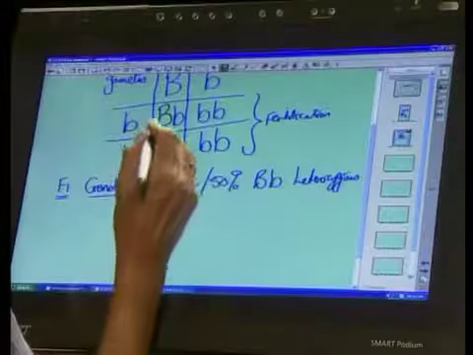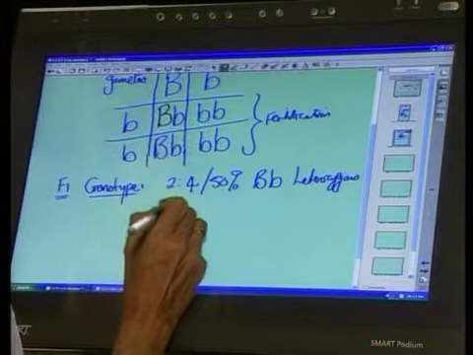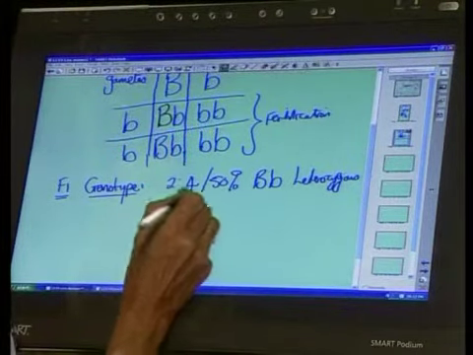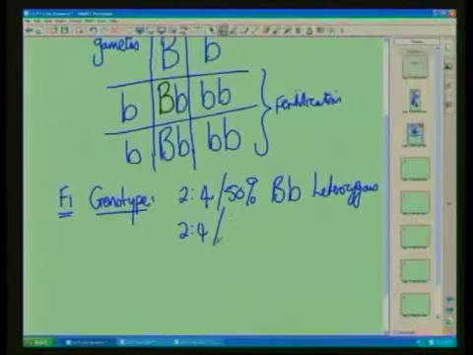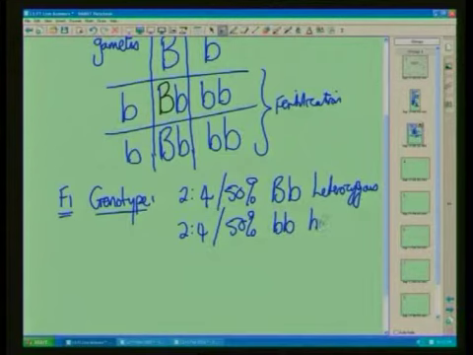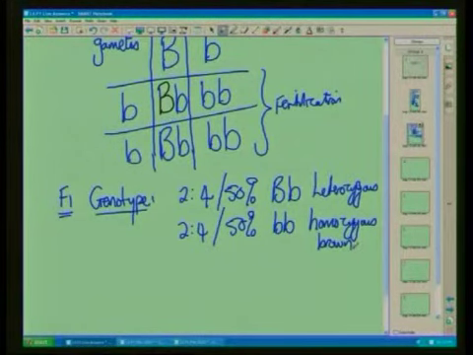And I'm going to have 2 out of 4, that's the ratio, or 50% are going to be small b, small b, which is homozygous brown. Are you happy?